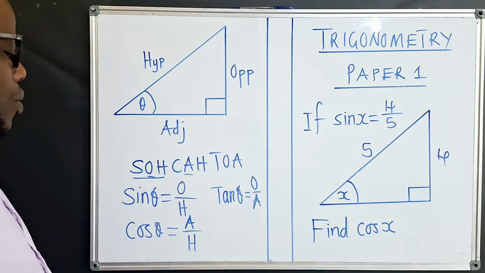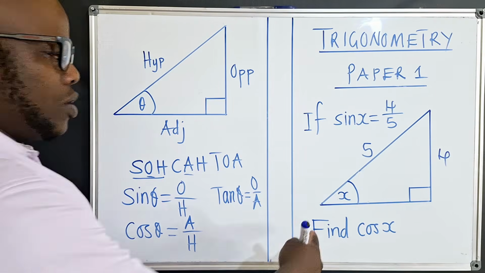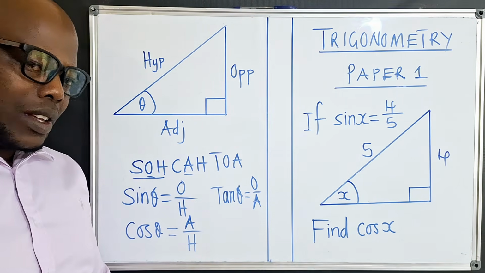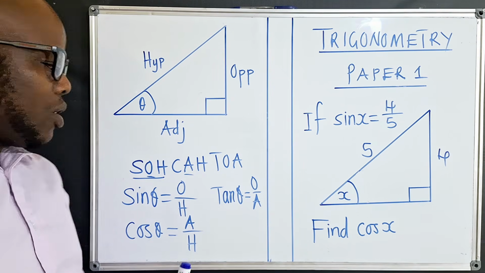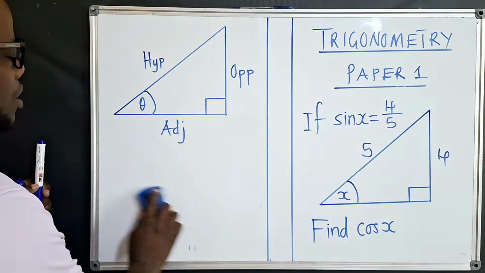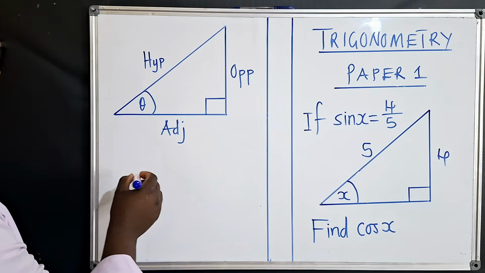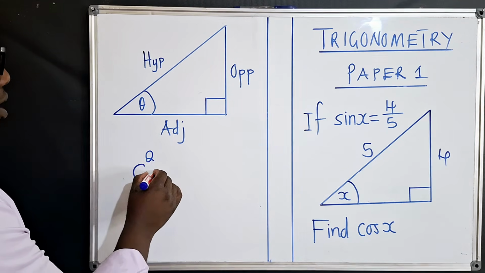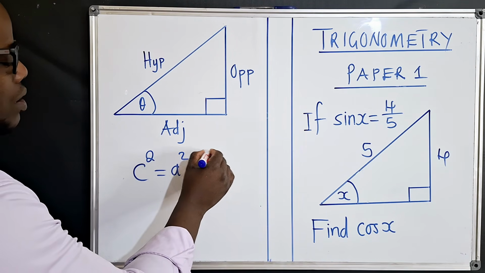Now, what method are we supposed to use when you look at this right angle triangle in order for us to find the adjacent? This is where we need to use the idea of Pythagoras Theorem. Have you ever come across the word Pythagoras Theorem? Yes, so the formula for Pythagoras Theorem will be like this: C squared is equal to A squared plus B squared.